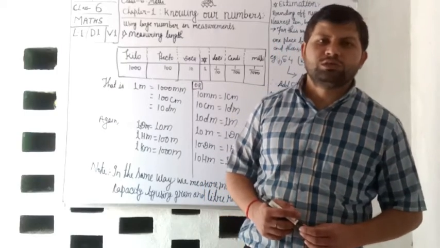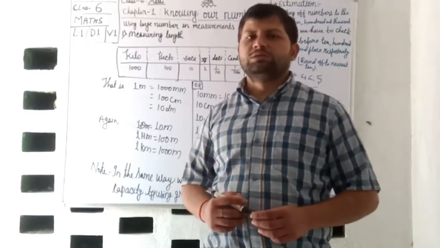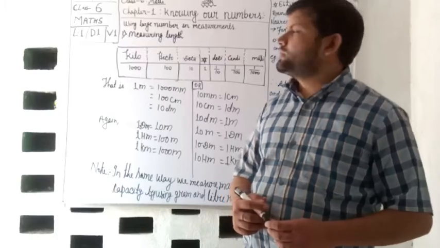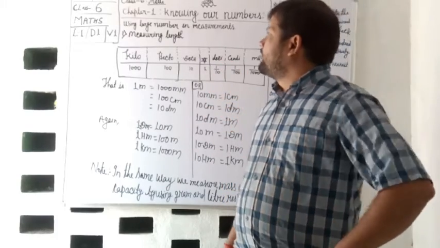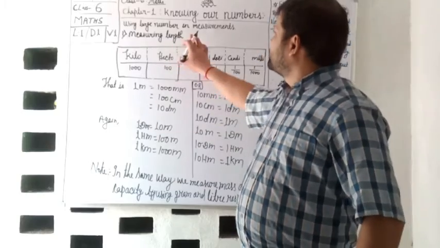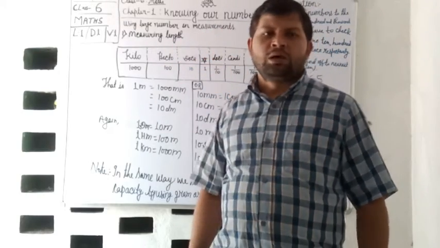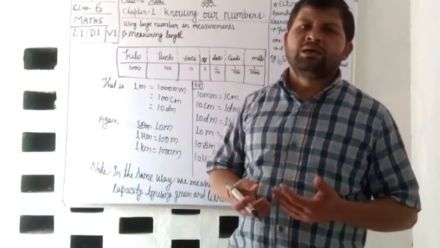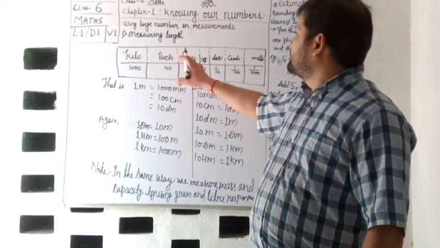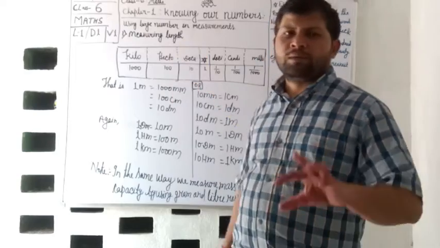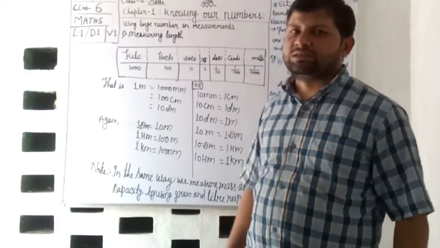Today I am going to discuss number systems. Here we are going to discuss using large numbers in measurements: how we can measure large numbers such as length, mass and capacity.